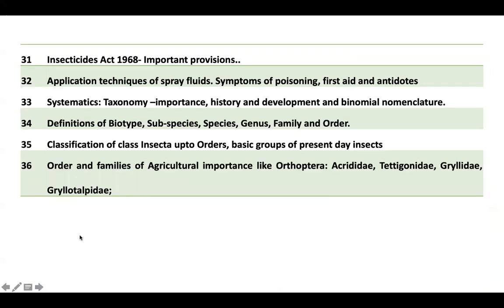Then coming to the Insecticide Act 1968, you will be studying how the Insecticide Act came, how it is useful and what clauses are given. Then application techniques, spray fluid, symptoms of poisoning, first aid and antidote you will be studying.